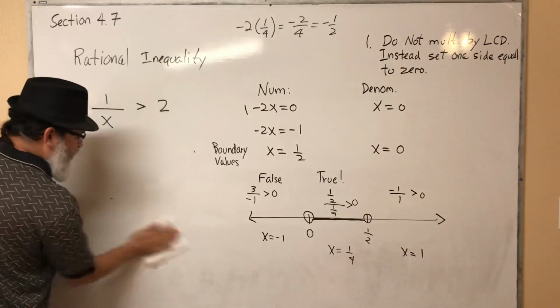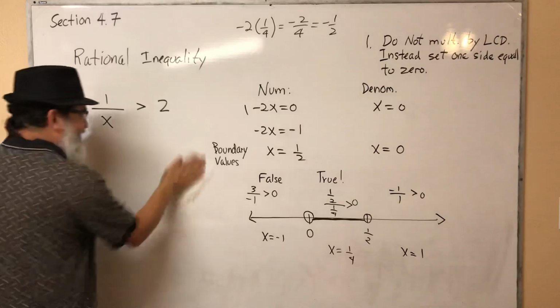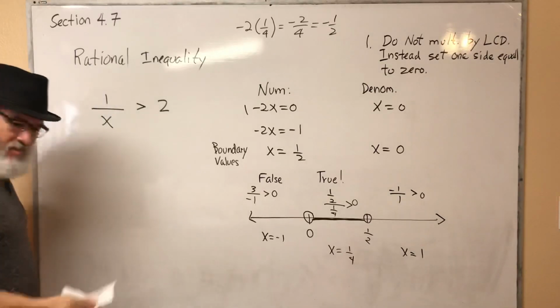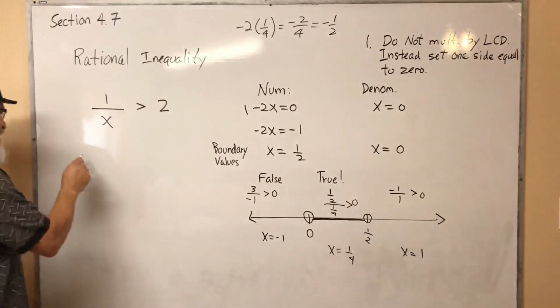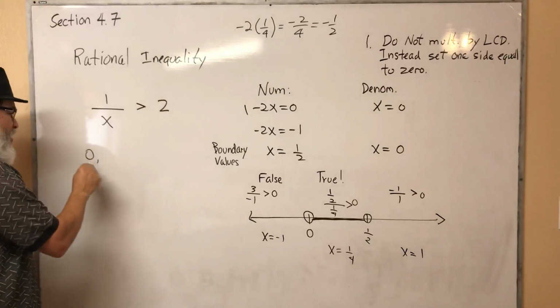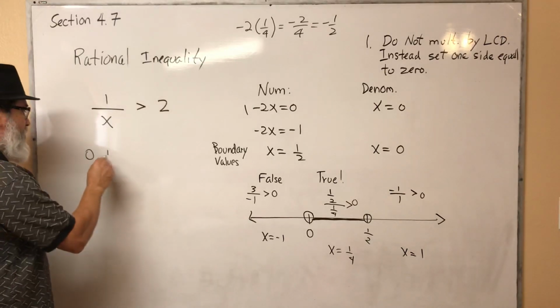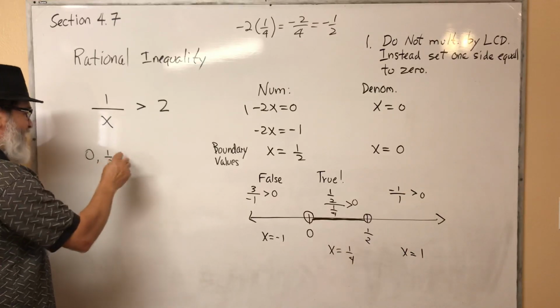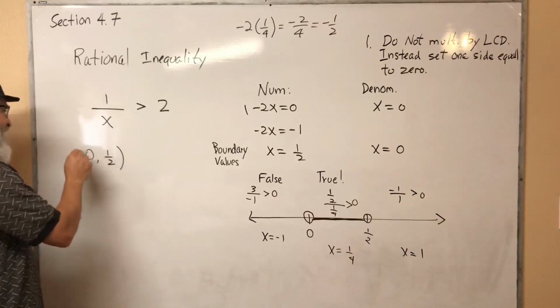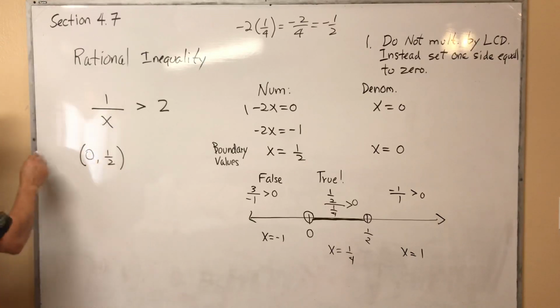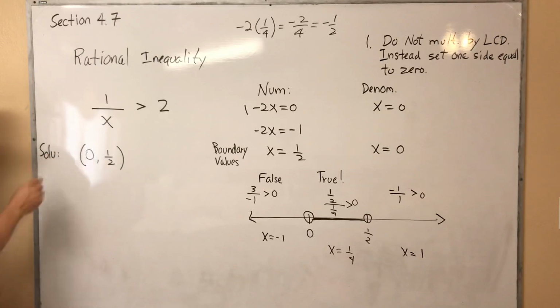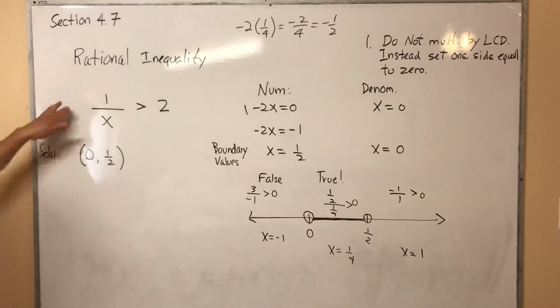The solution to this inequality is going to be from 0 all the way up to 1/2, excluding. This is the solution right there to this inequality.